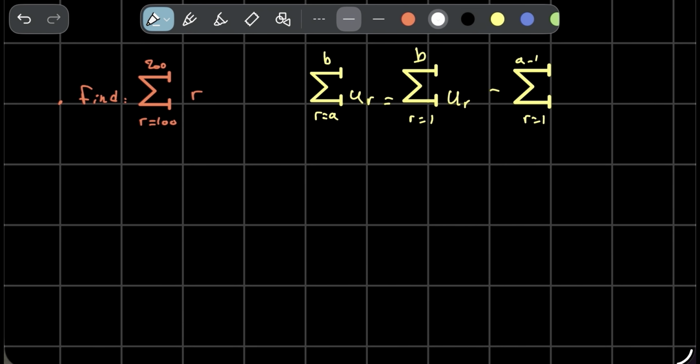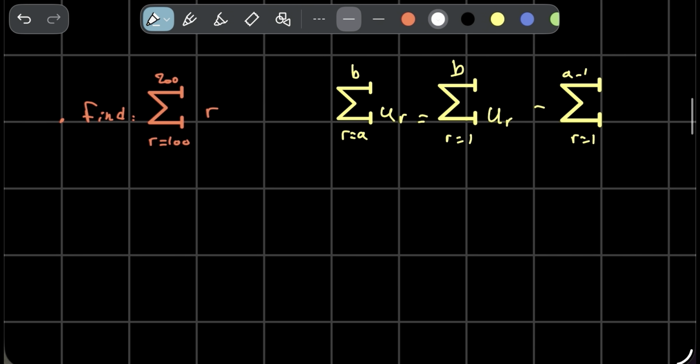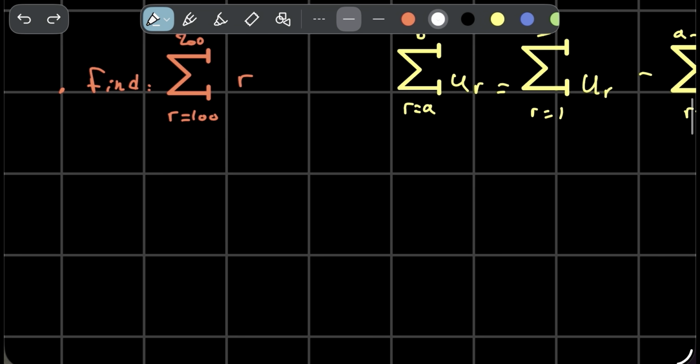Students, we have this example, okay? This is the main rule that we will use, and let's see how we can use it here. We have sigma r equals 100 to 200 of r. Now we want to transform this into r equals 1.